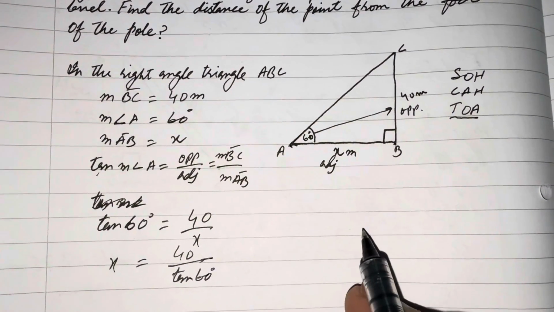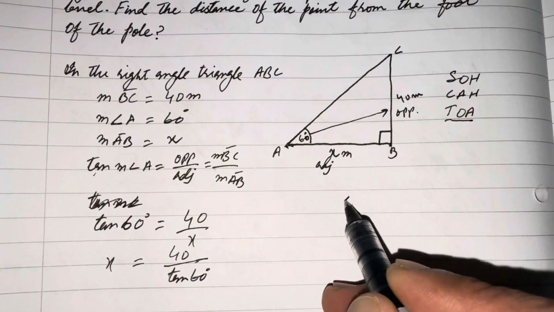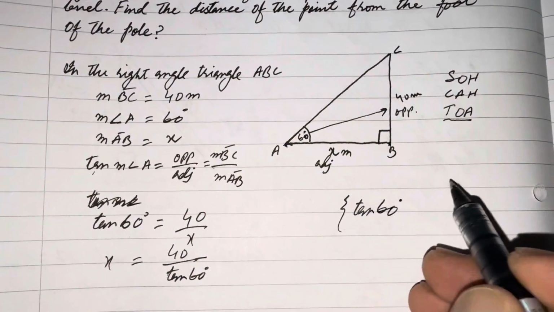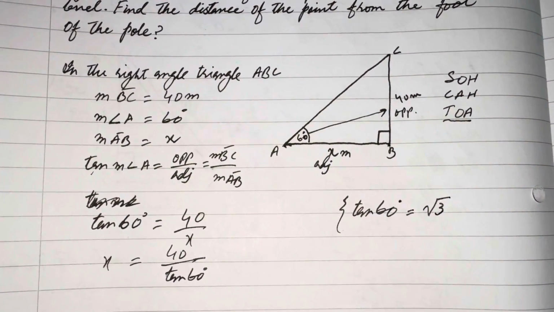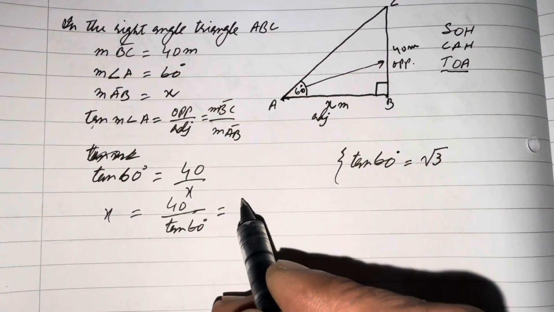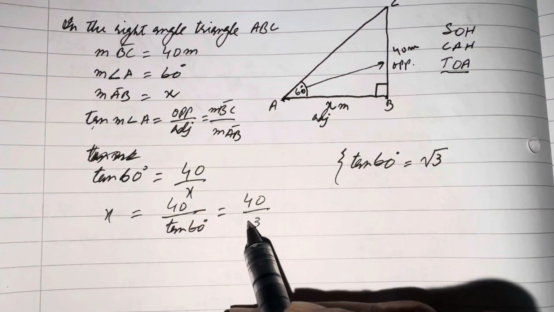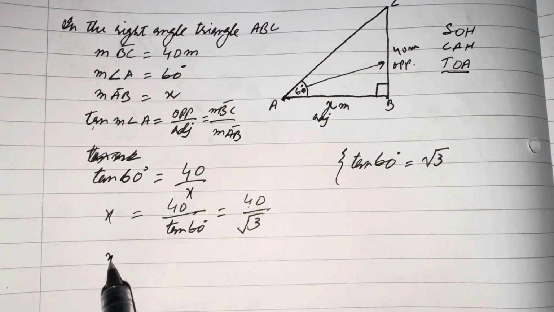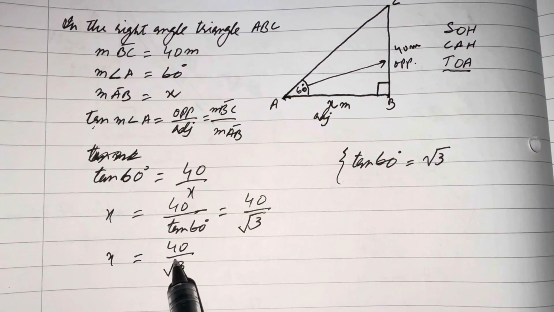And if you remember, in the table that we made, the value of tangent 60 was given as under root 3. So now we put the value of tangent 60, which is under root 3, so you can say that X is equal to 40 over under root 3.